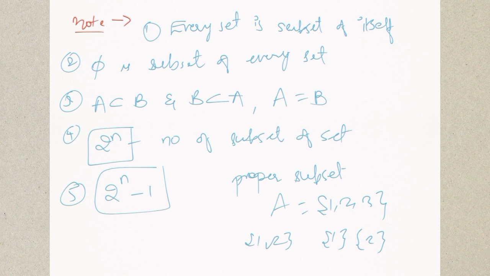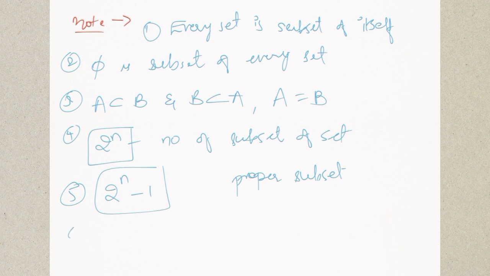We'll calculate. 3 elements are there, 2 cube minus 1, so 8 minus 1, there will be a total of 7. You can write all the subsets if you need. 2 3, 1 2 we already wrote, 3 1, so 3 is also a subset, right? The null set is a subset of every set, that is what is missing. So here you can count, there are 7.